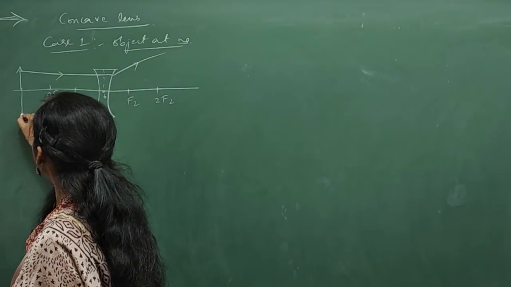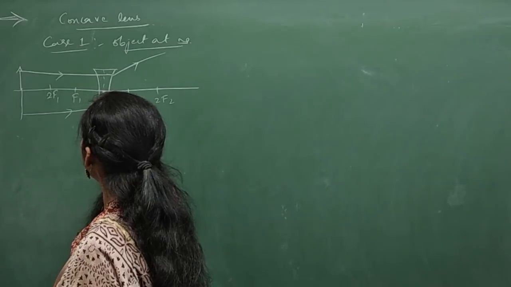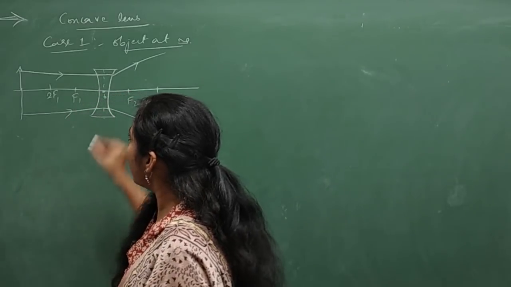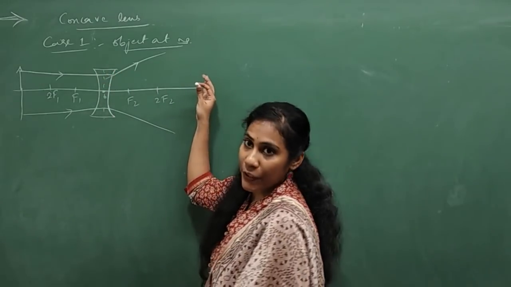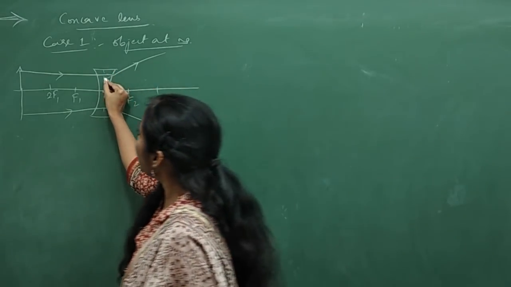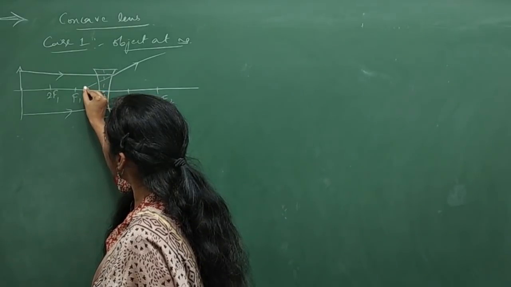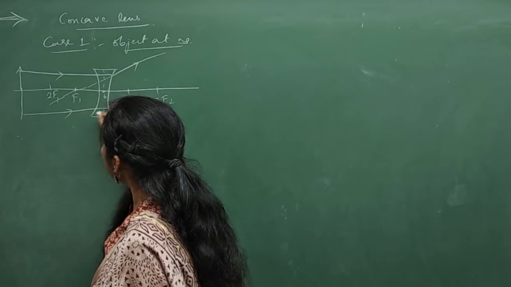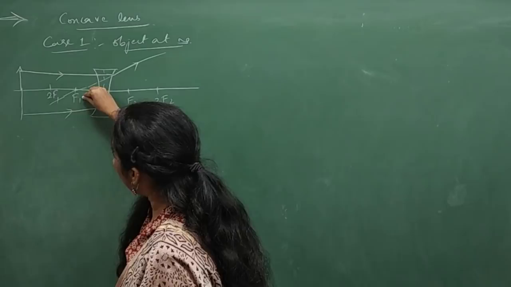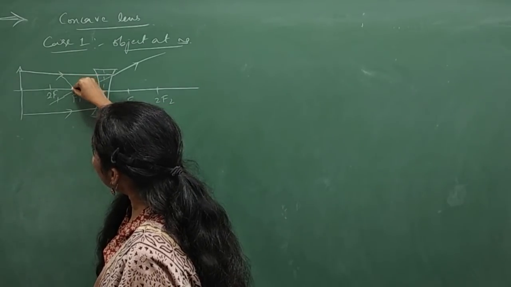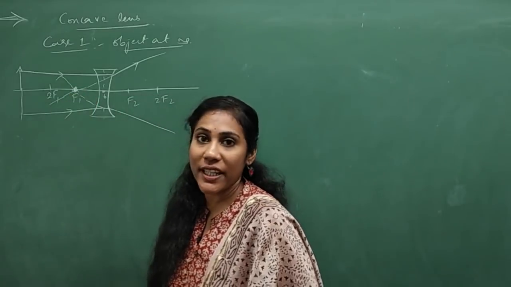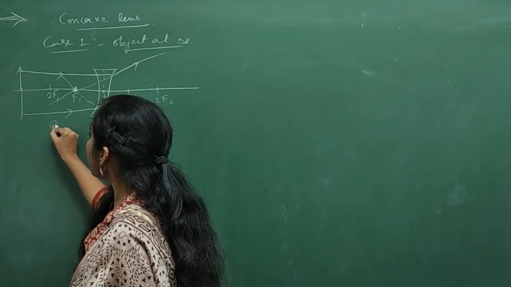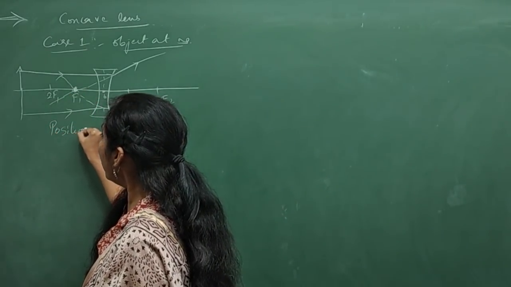And I'll draw one more ray parallel to the principal axis, that will also diverge. But the image will not form on the other side of the lens. If you project back those refracted rays, you see where they are meeting? They are actually meeting at f1, isn't it? So here is your image getting formed. What is the position of the image here?